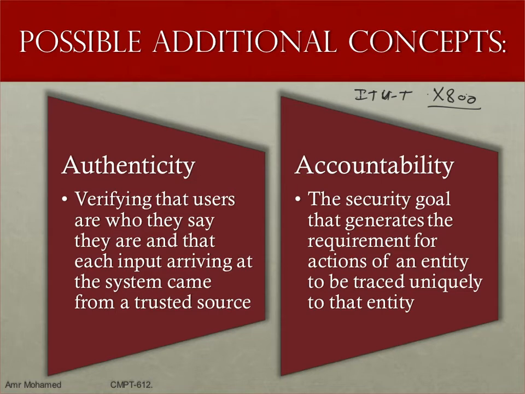Okay? So we need to ensure the identity of the person who is trying to access that data or that system. This is the security service that we need to provide in the system. And this could be facilitated by one or more mechanisms, as we will see.